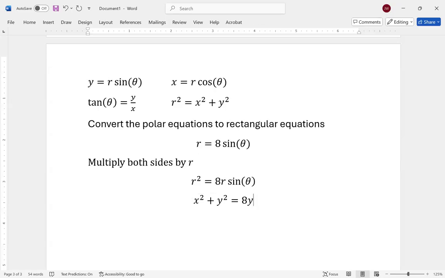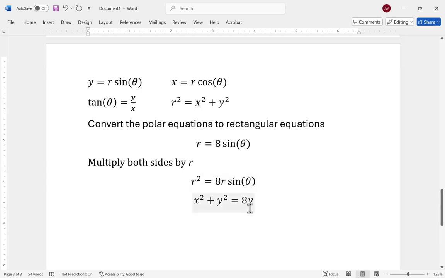Now, I won't go through the details. You can complete the square if you want, but this is actually a circle. And it's a circle that's along the y-axis, or along the theta equals pi over 2 line. So that's what this is.